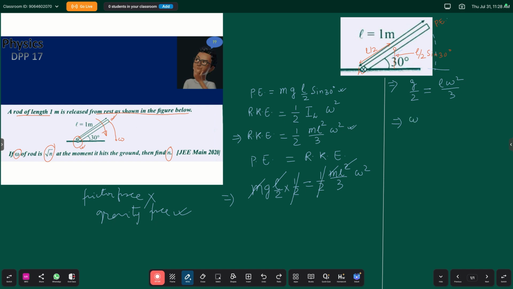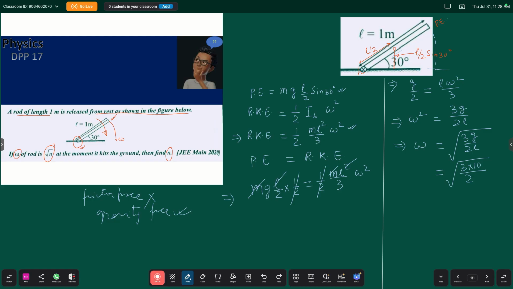So your omega square will be 3g by 2L. So omega will be square root of 3g by 2L. Put the value: 3 into 10 by 2.